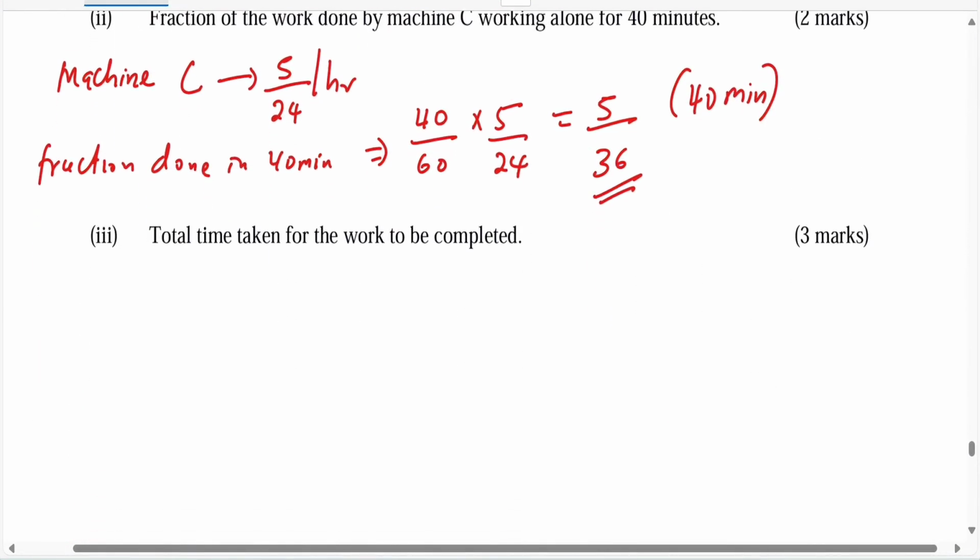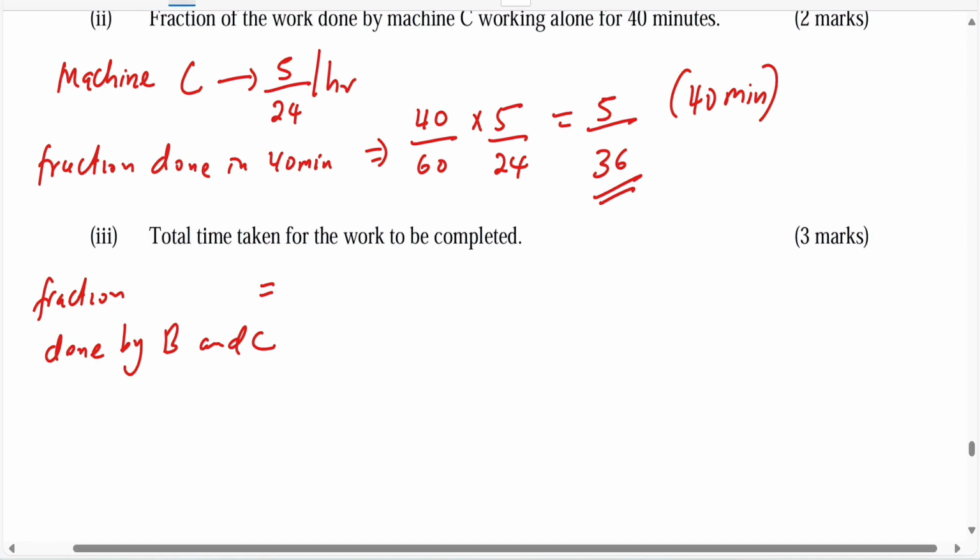So umeulizwa total time taken for the work to be completed. So now you need to know the fraction done by B and C. That is the main thing that we should know. But first, let's find out the rates for B and C working together.